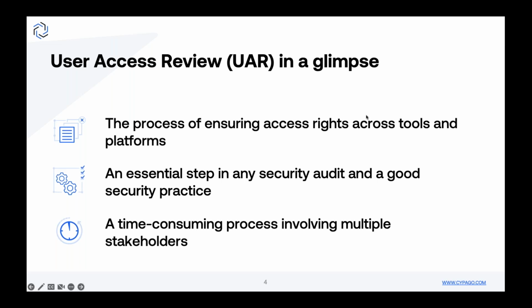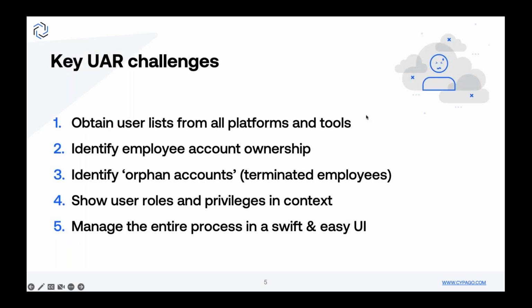These are the key challenges that many CISOs and their GRC leads experience when running user access review processes. The first might be an obvious one: the ability to obtain the user lists from all the different platforms and tools. Organizations today are using dozens and even hundreds of different tools. The second is the ability to identify employee account ownership, what users every employee has, because as we know, that's a one-to-many relationship.